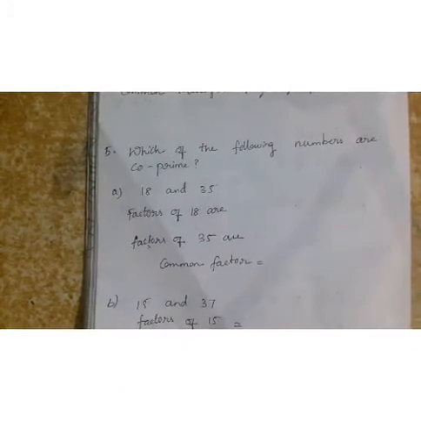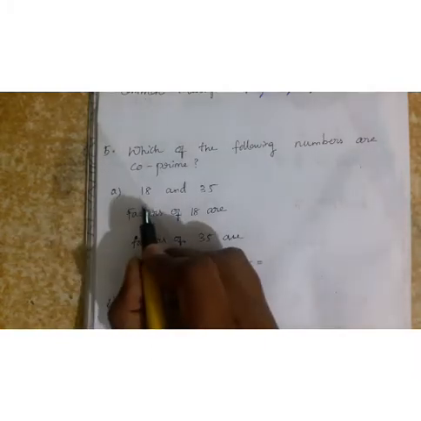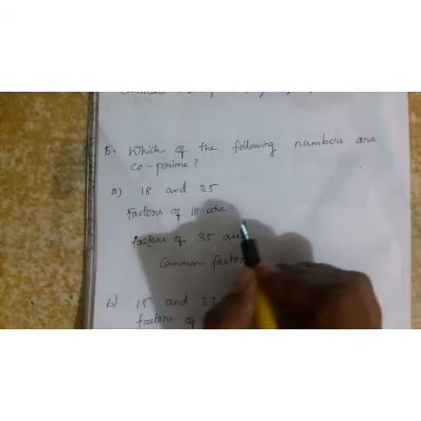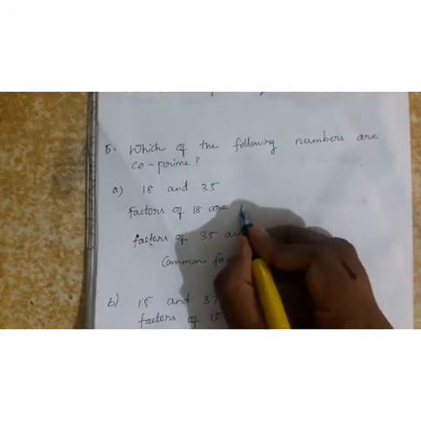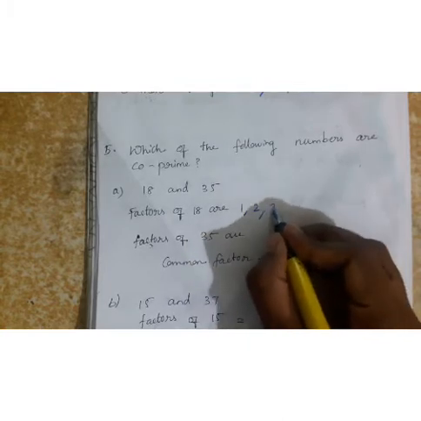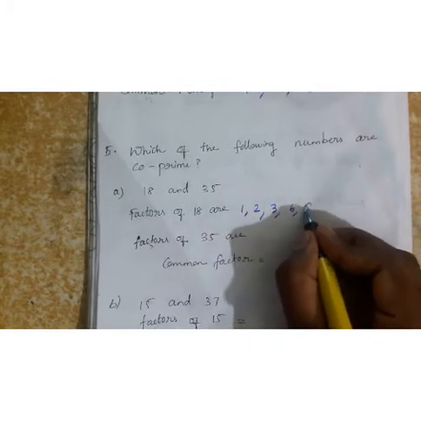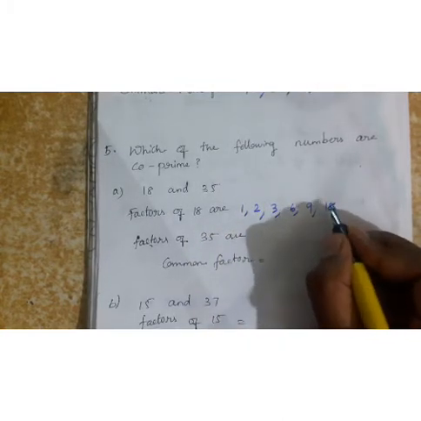Question number 5. Which of the following numbers are co-prime? Co-prime means two numbers having only one as a common factor are called co-prime numbers. A part, 18 and 35. Factors of 18 are 1, 2, 3, 6, 9 and 18.